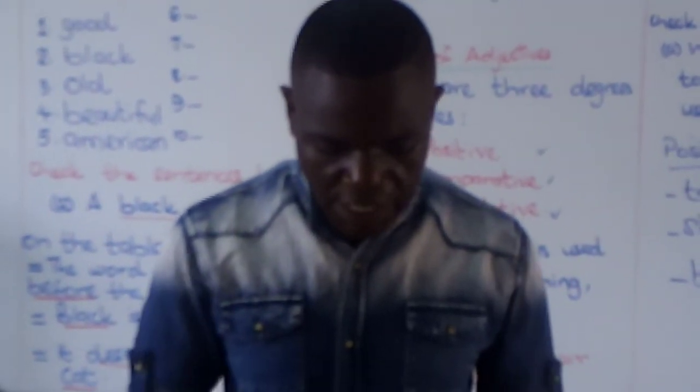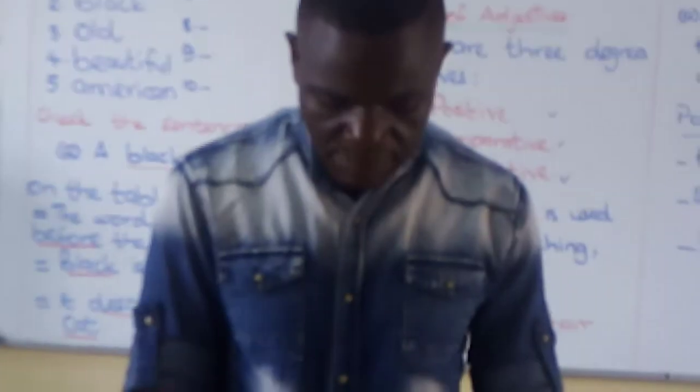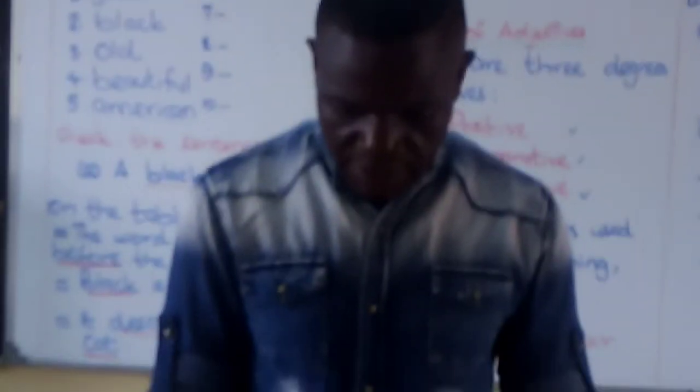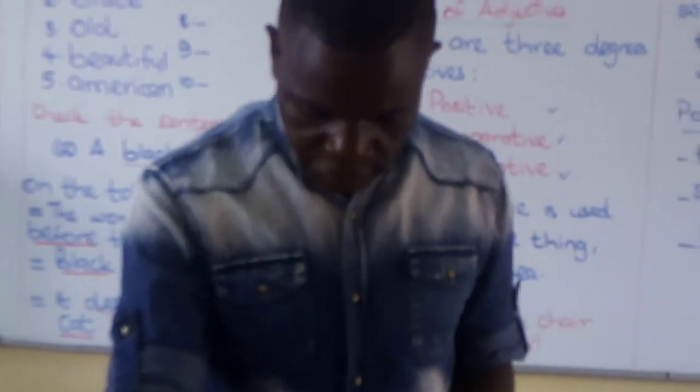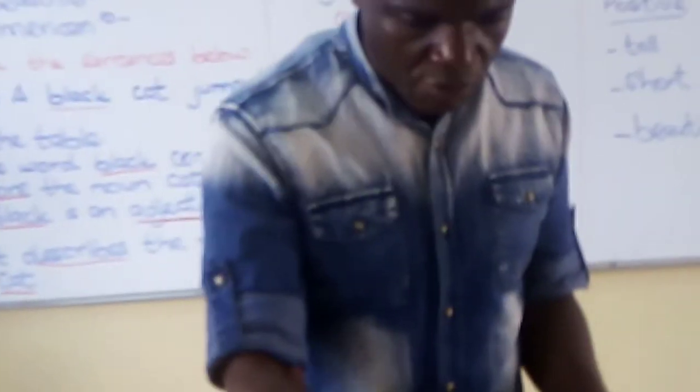Girls, I would like you to attempt some questions here. In my book, I would request the cameraman, before we complete, just to focus from here, number 1 to 10, and then part B, complete the following sentences by writing the correct degree of adjective in the bracket, number 1 to 10.